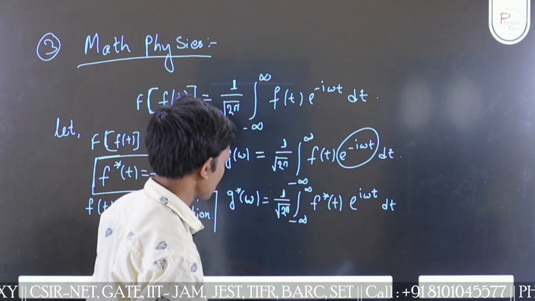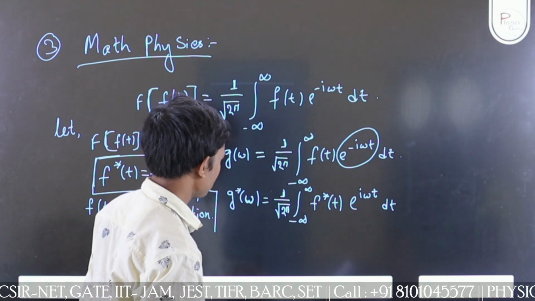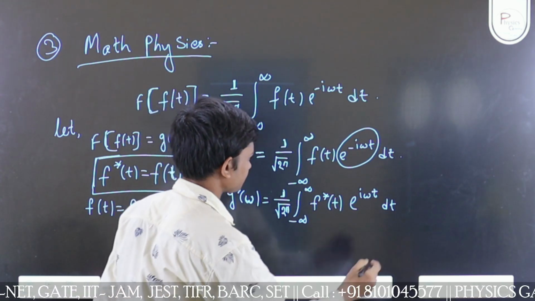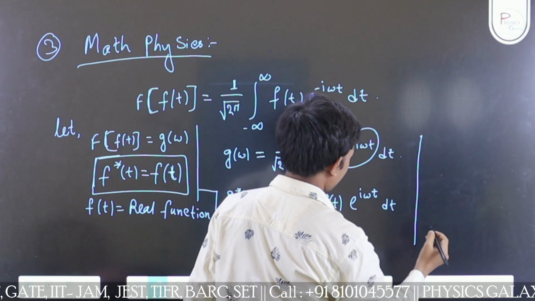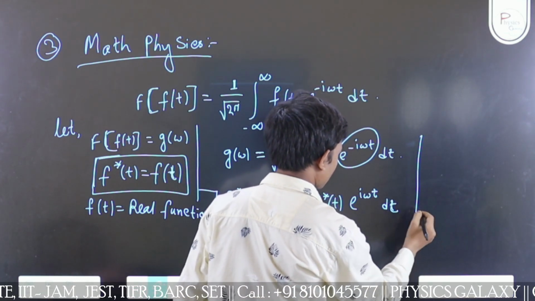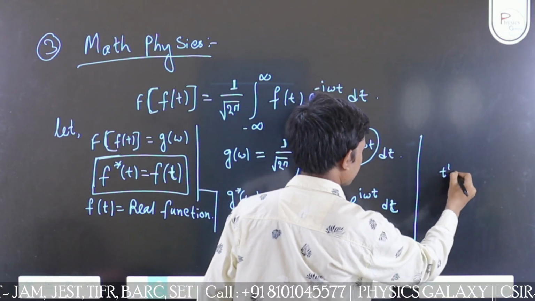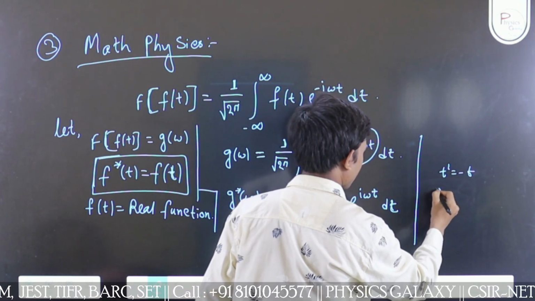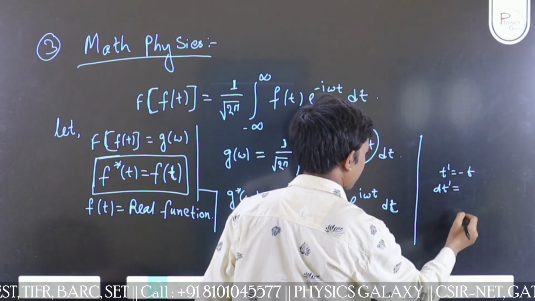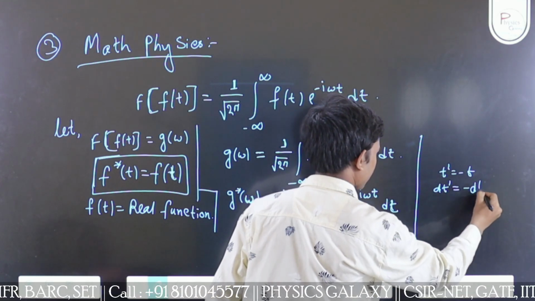I told that, and I assume t star is equal to minus t and dt prime is equal to minus dt.